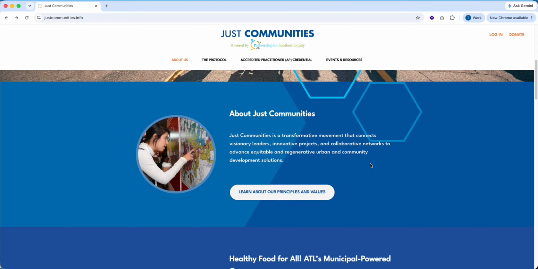But more important to me is the principles and values section that they have here. This header or the subheadline telling you about the principles and values doesn't actually tell you about their principles and values. It tells you about just communities. If you're going to have sections like this, they should be connected. So if this was a learn more about our principles and values section, it would tell you what they believe in.